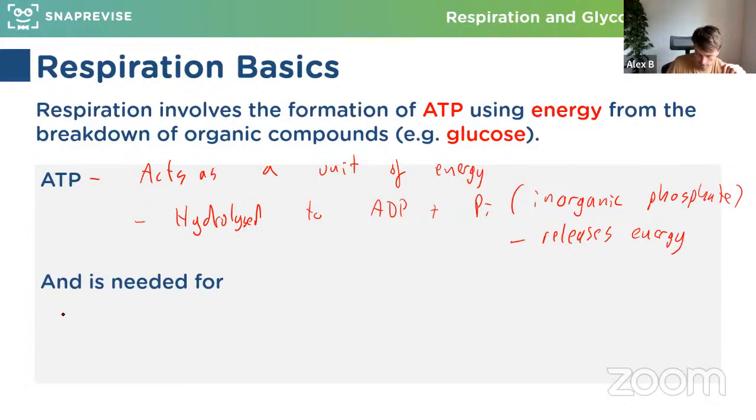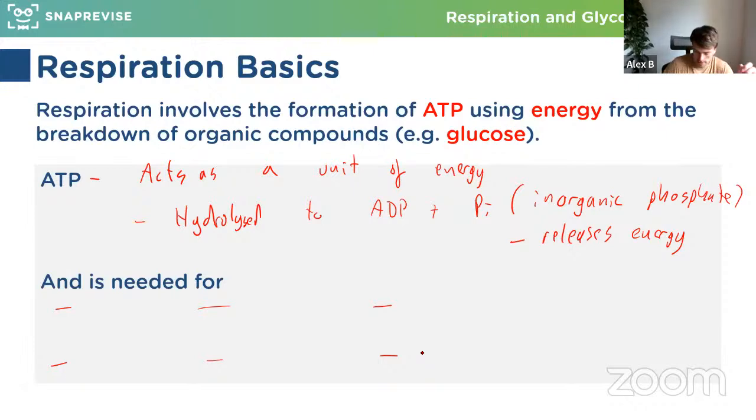So what are some of the things we might use ATP for in the cell? What processes can you think of? There are quite a few that you will have covered during the syllabus. I suppose we use them in glycolysis at the start, but I probably wouldn't go for that.